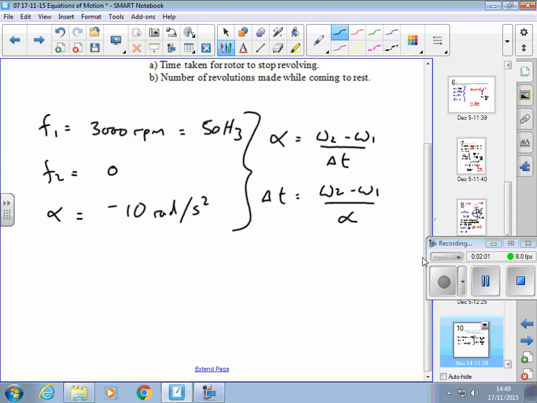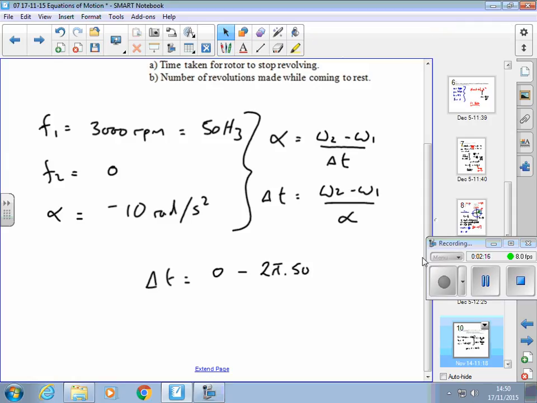So we can say delta t equals omega 2, which is 0, minus omega 1, which is 2 pi times 50. I can think of it like that. That is omega 1 over alpha, which is minus 10.